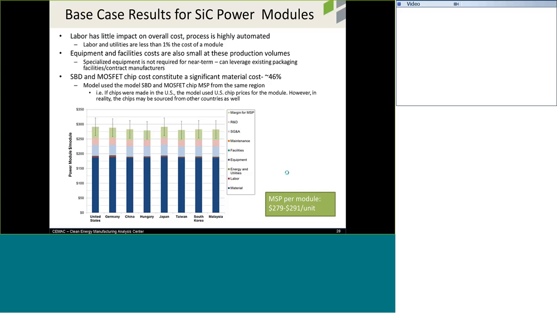We understand that chips are very easy to source globally, and that this would not necessarily be what someone would do. But for the purpose of our model, we use the price of the local chips to input. And overall, we determined that a silicon carbide IGBT-styled module with 3.3 kV devices was going to be between $279 to $291 a unit.